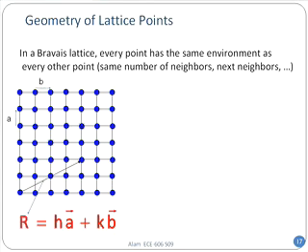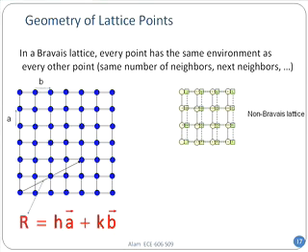I have 1, 2, 3, 4. So h is 4 and k is 2 because it goes vertically up. You cannot have 4.32 or k equals 2.5. It has to be integer values, and by providing the integer values, you should be able to go to any points in the lattice.